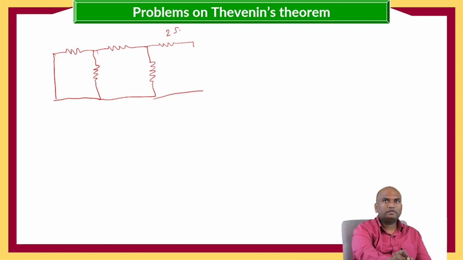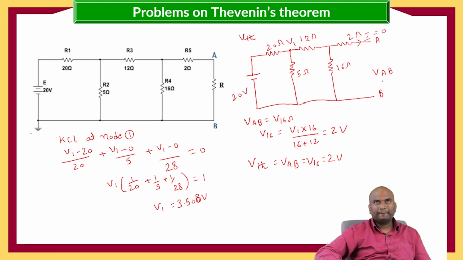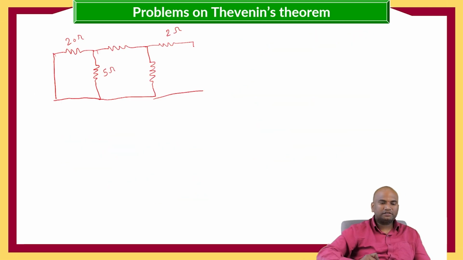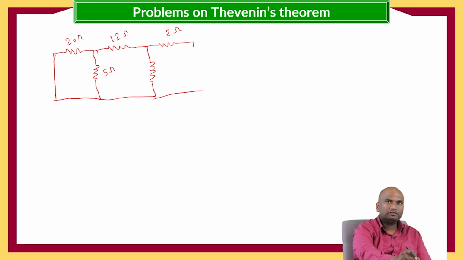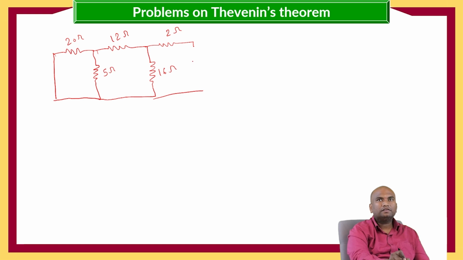Here is the 2 ohms, 20 ohms, 5 ohms, 12 ohms, 16 ohms, 12 ohms and 16 ohms. This is the RAB or RTH.